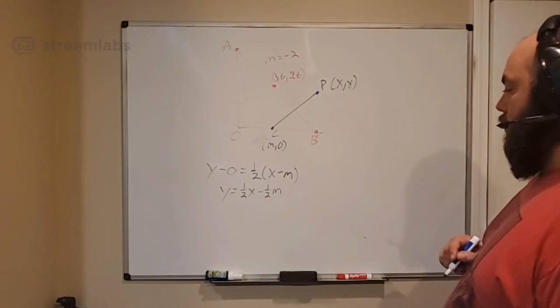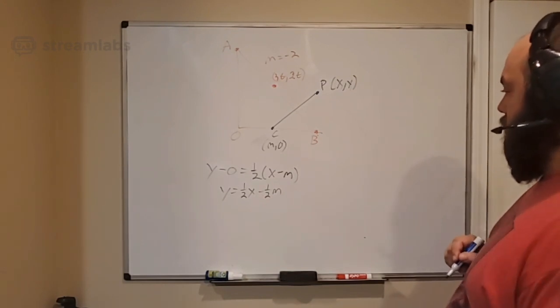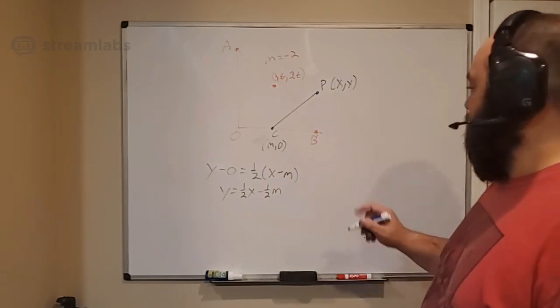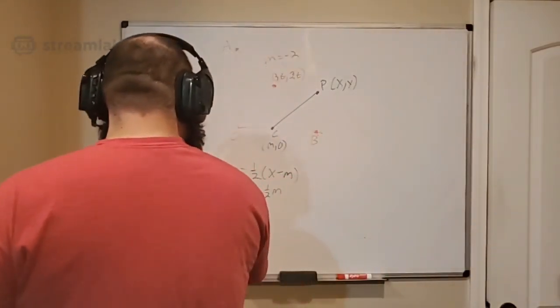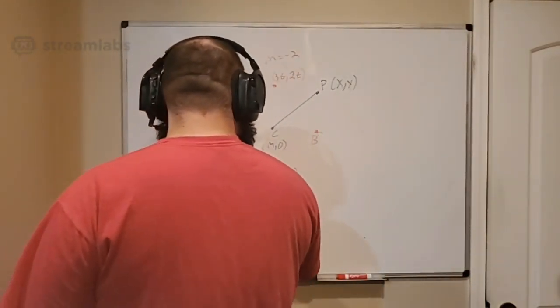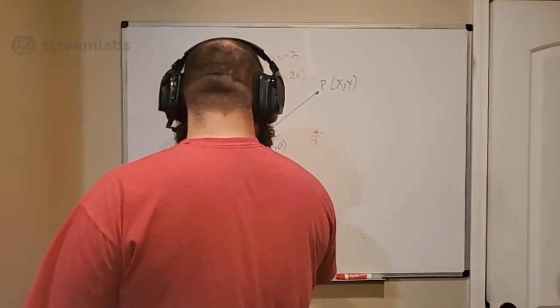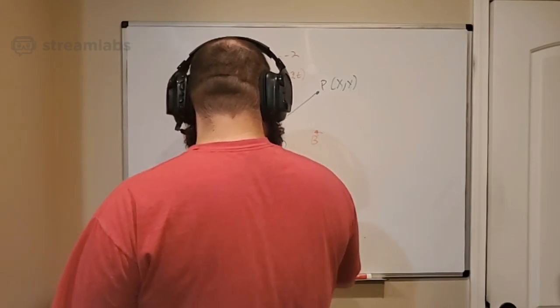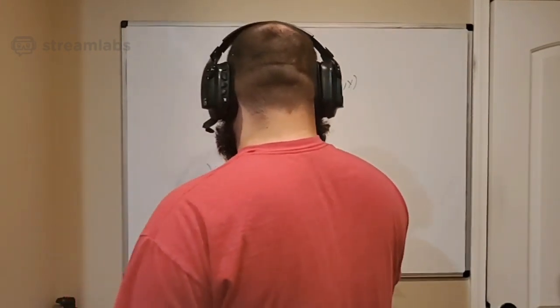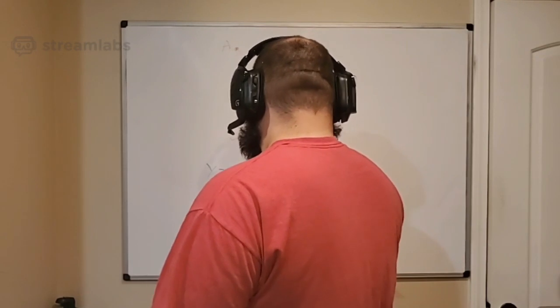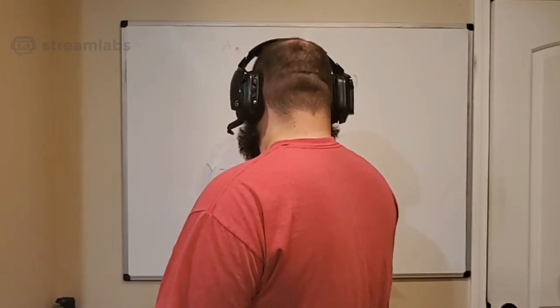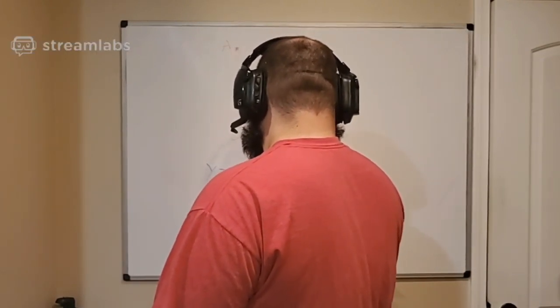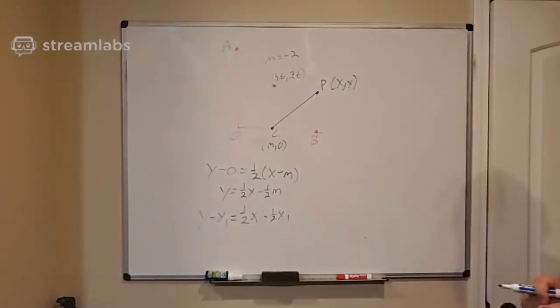Let's see what happens if I do it with the other point as well. So y minus y1 is equal to 1/2 x minus 1/2 x1. If I get that, does that help me in any way?